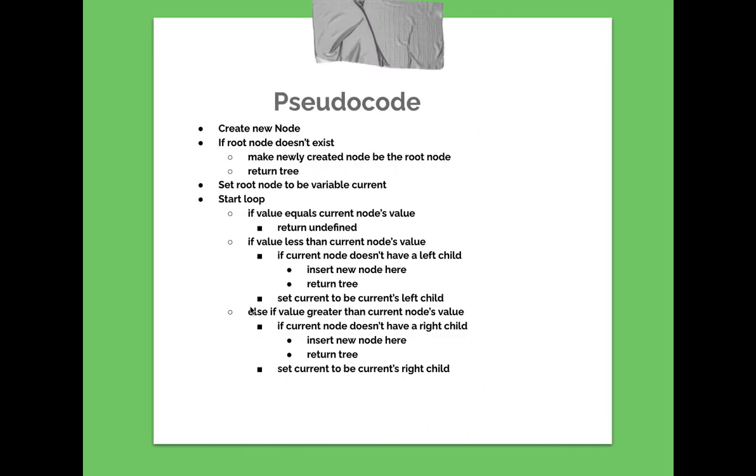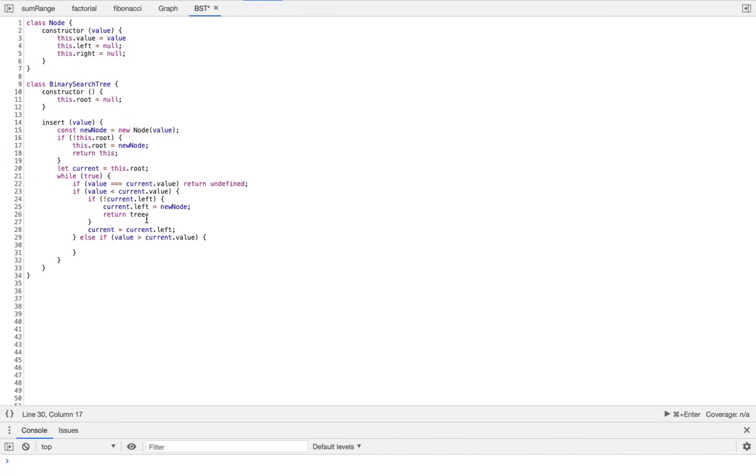So we can look at this and say here in our else if value is greater than the current node's value, then here if current node doesn't have a right child, okay, so it's the same thing as this here, but we are saying if not current.right, then just make the current.right equal to the new node and return the tree. Okay.